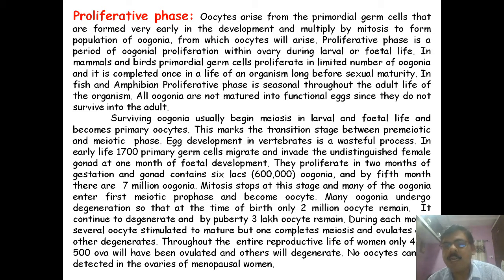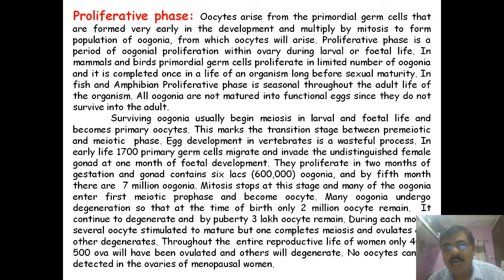Egg development in vertebrates is a very wasteful process. In early life, 1700 primordial germ cells migrate to invade the undifferentiated female gonad or ovary at 1 month of fetal development. They proliferate, and at 2 months the gonad possesses 6 lakhs of oogonia, and by the fifth month there are 7 million oogonia.